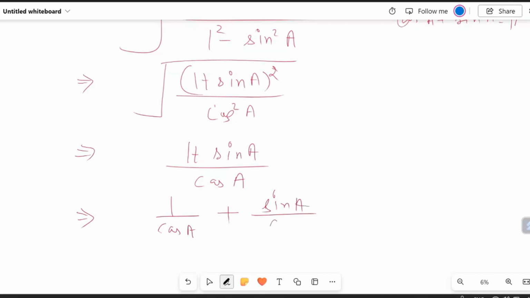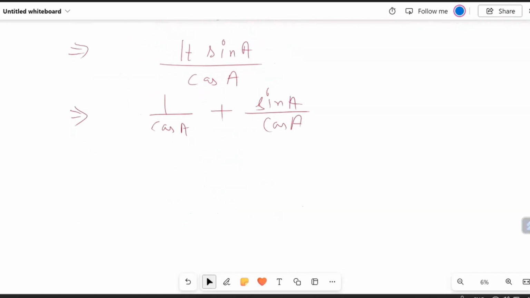I need cos to be changed to sec, so we are doing it separately, dividing it, okay? I have seen so many mistakes in this part, so be careful with that. So it is sec A plus tan A. Sine A upon cos A is tan A. That will be your right hand side. Hence proved. Thanks for watching channel.